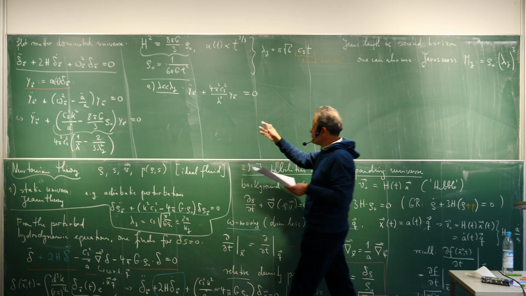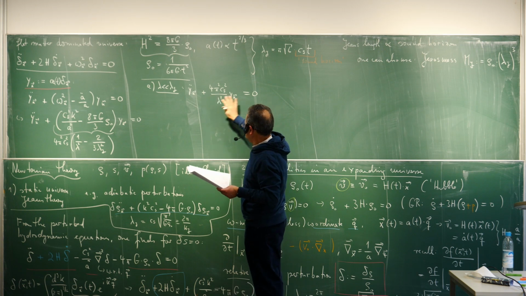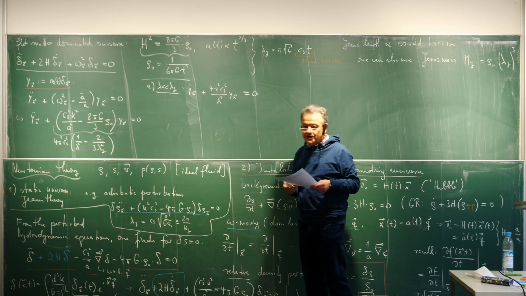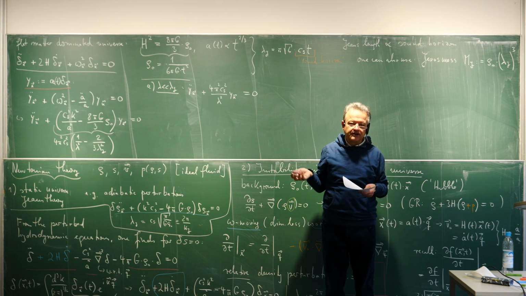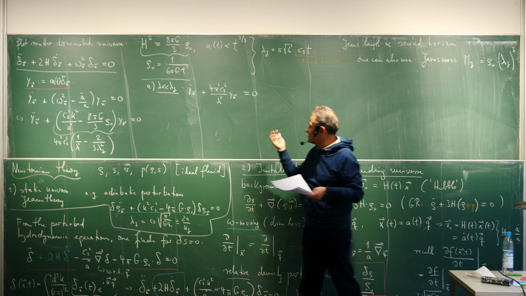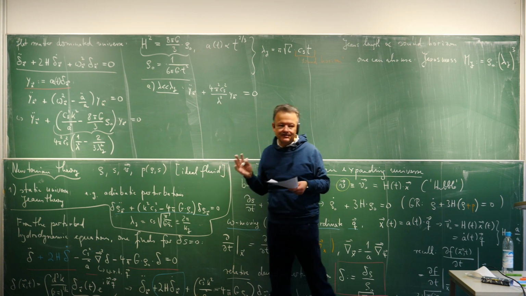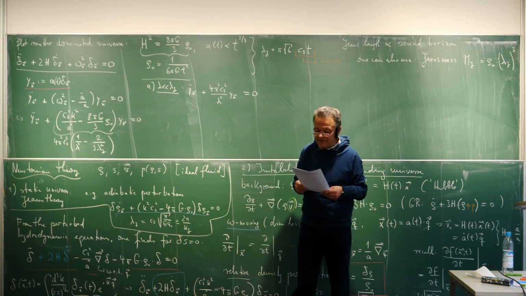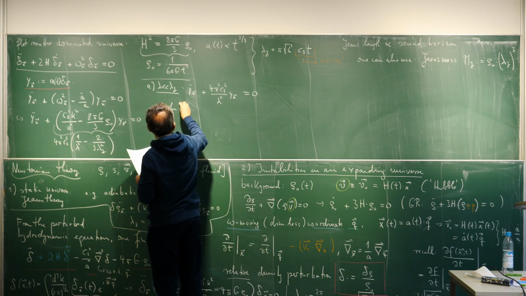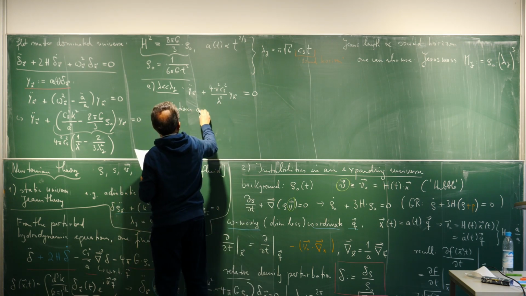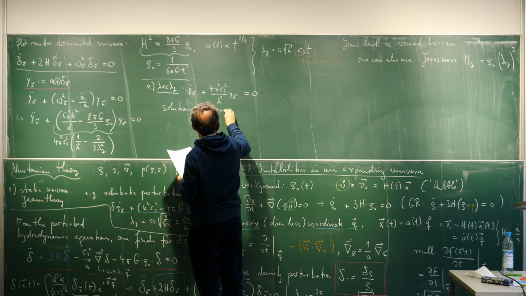But apart from that, it's an equation like the harmonic oscillator. So the solutions are wave-like solutions. Not exact waves because lambda is a function of t, but they are waves. So solutions are sound waves.